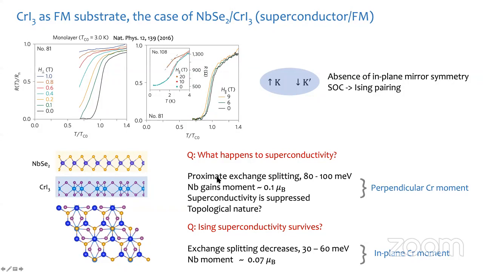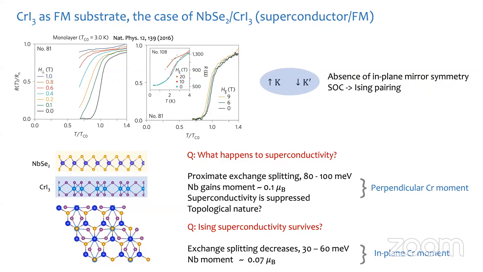Here the question one needs to ask is what happens to the superconductivity, and we find that when the Cr moments are perpendicular and in plane, in both cases, due to proximate exchange splitting, Nb gains a moment. But what happens to the superconductivity? Is it suppressed, or do you get a topological superconductivity here?